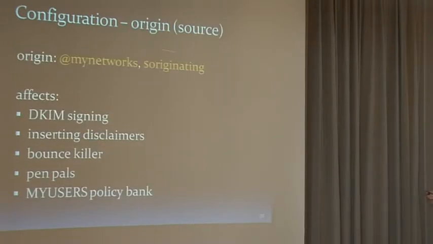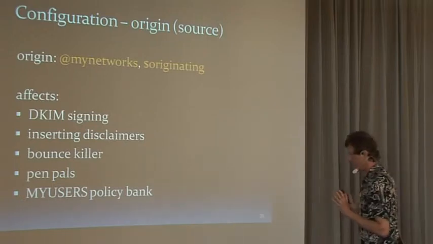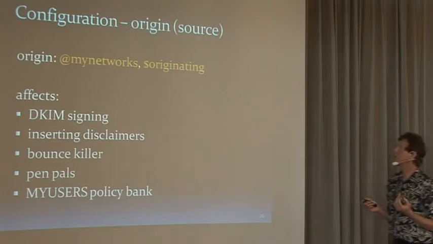Now the other part, the origin, the source of the mail, is determined by these two settings. Actually, it is this variable, which is the only one in the more recent versions of Amavis that tells whether the mail is originating or not.